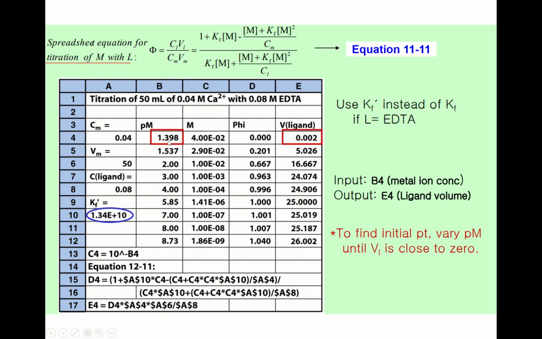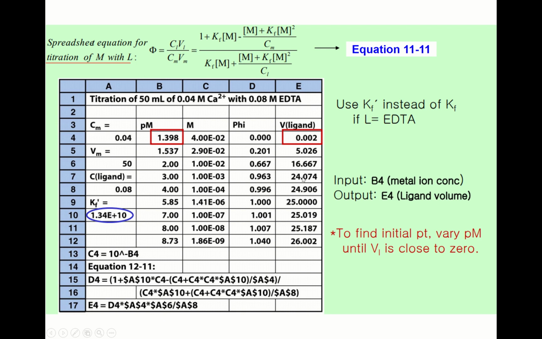Here in column B, you fix the pM values, in this case from 1.398 up to 8.73. Then you find, to make this pM, what the volume of ligand is. That's how we construct the entire titration curve.